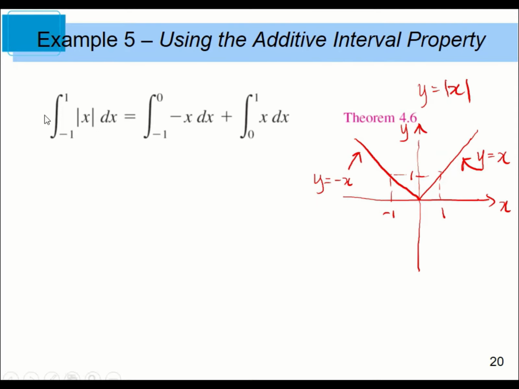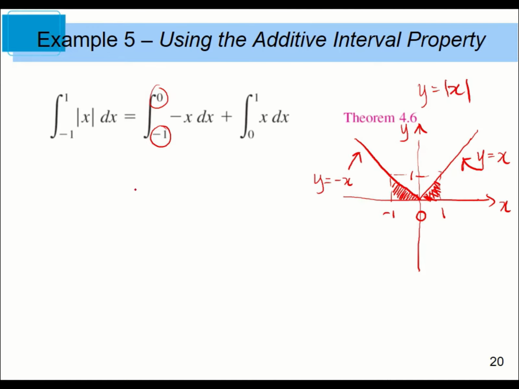Since this function consists of two different graphs, when we find the area, we need to split it into two: from -1 to 0, which is this area, plus 0 to 1.